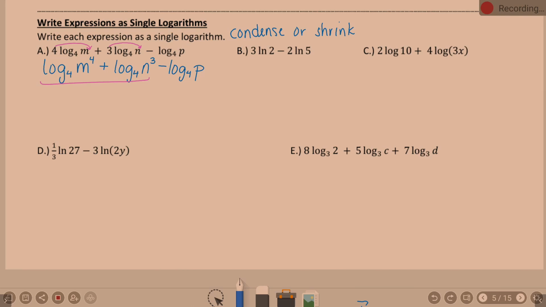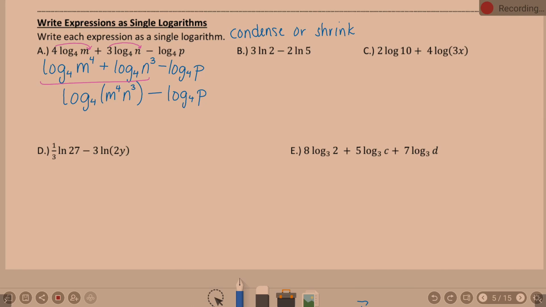Oh, shoot. Okay, so 2 logs being added can be rewritten as 1 log where the insides are multiplied. So it's log base 4 of m to the 4th, n to the 3rd. They're multiplied. And that's over p. And then when I do my next step, I'm going to say minus log base 4 of p.